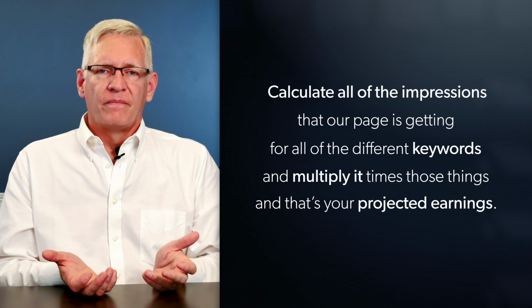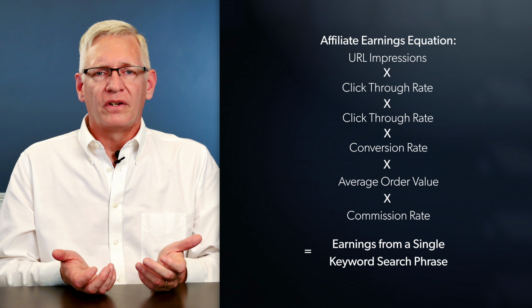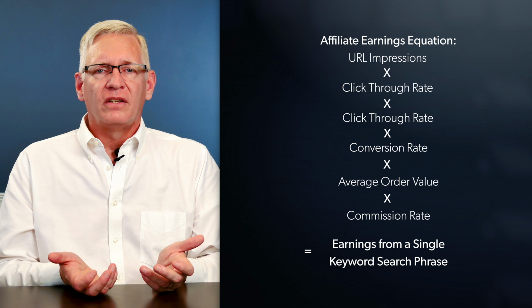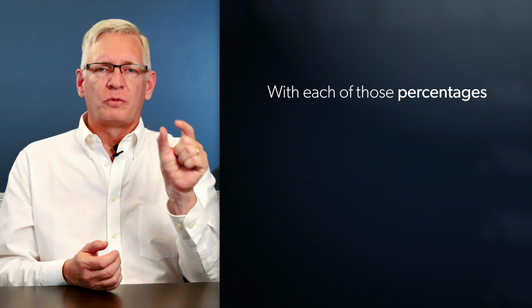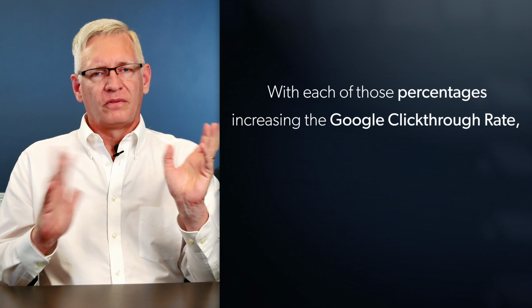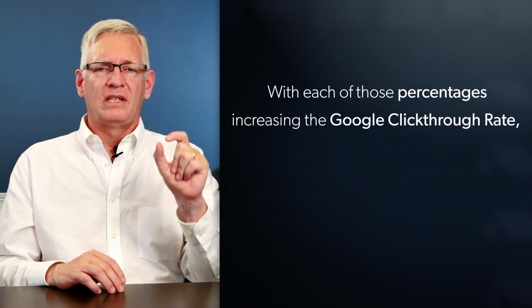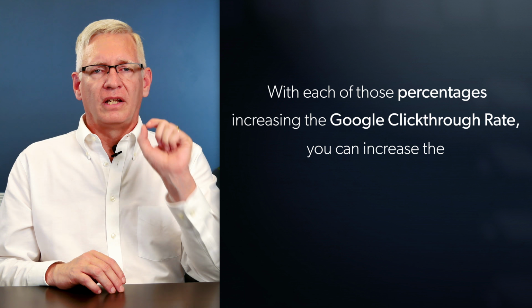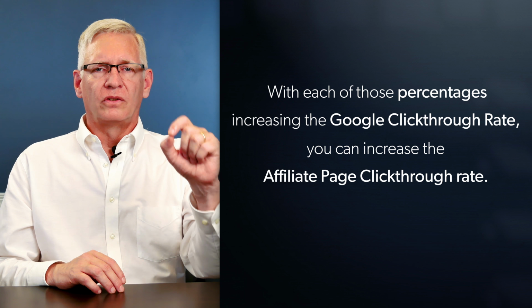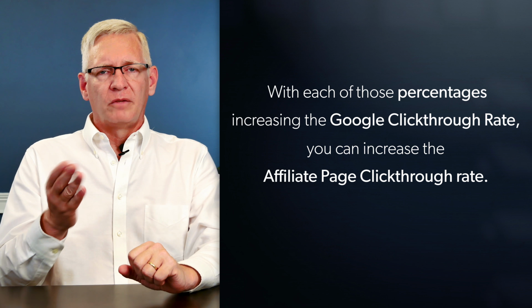Now, that might sound a little bit complicated if it's the first time you've heard it, but the opportunity is there because each of those percentages can be increased. The Google click-through rate is a topic for an entirely other video because there's a lot to go into. You can increase the conversion rate on your own affiliate page.